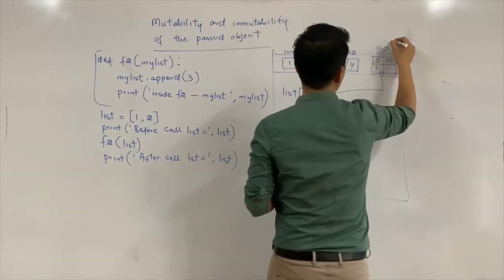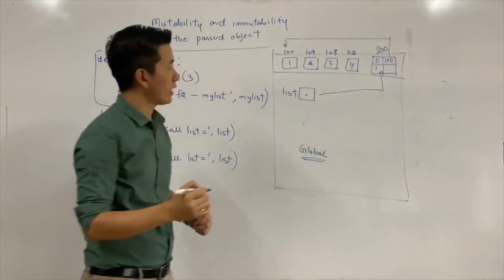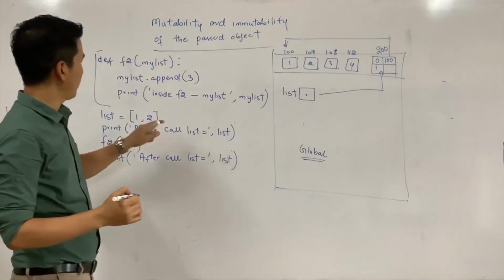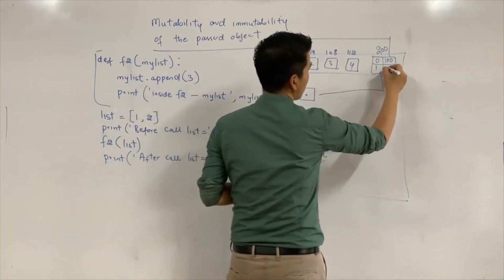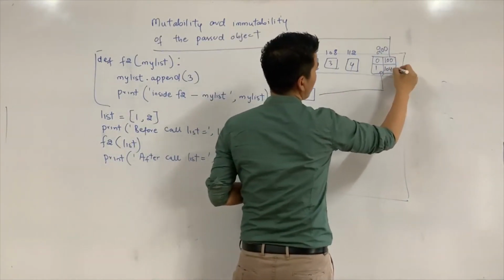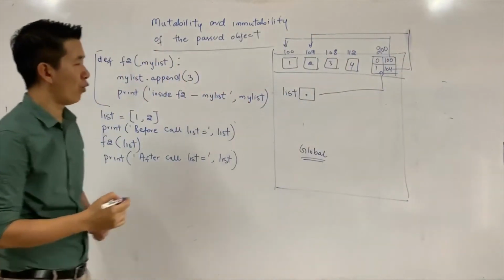So this will now point to this 100. And then you have 2, which resides in the address 104, so this will point to the address 104.